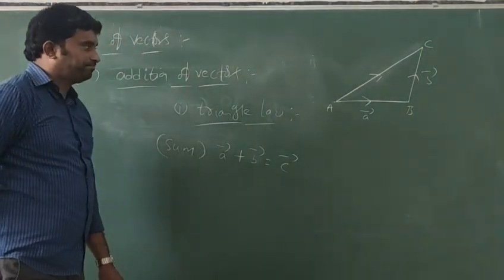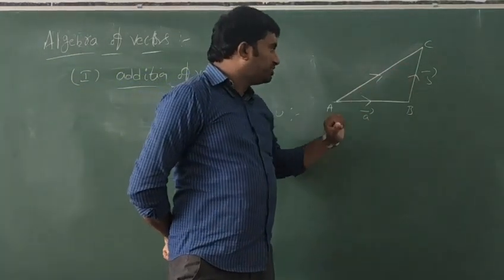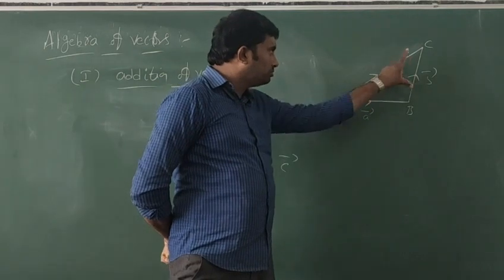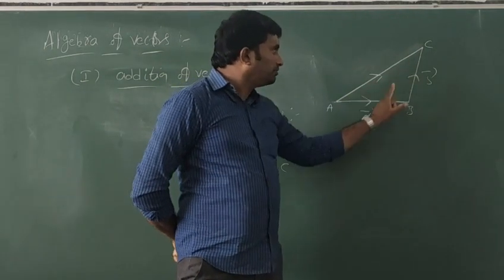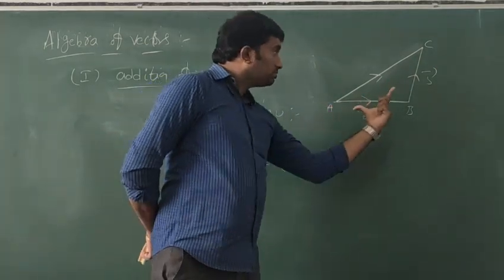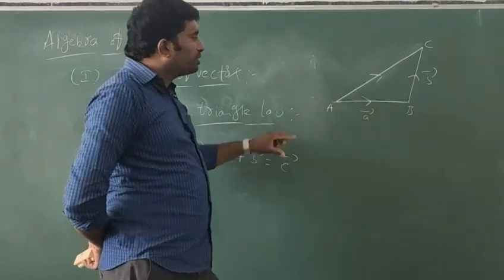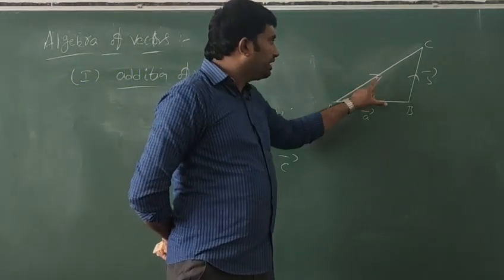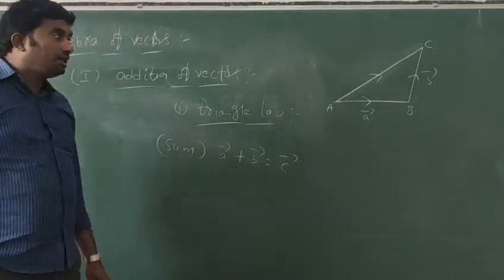That's it. What is that? If two vectors are represented in magnitude and direction by two sides of the triangle, then the sum or resultant is also expressed in magnitude and direction by the third side of the triangle.